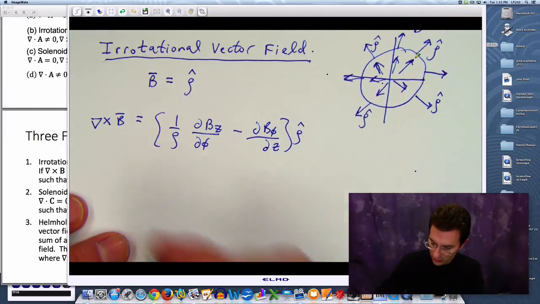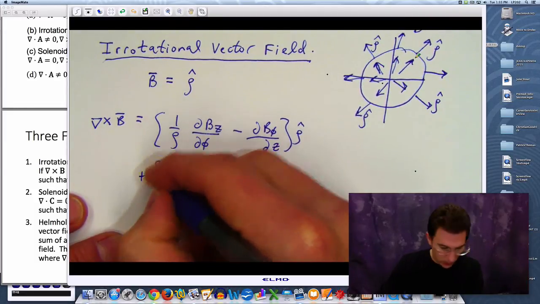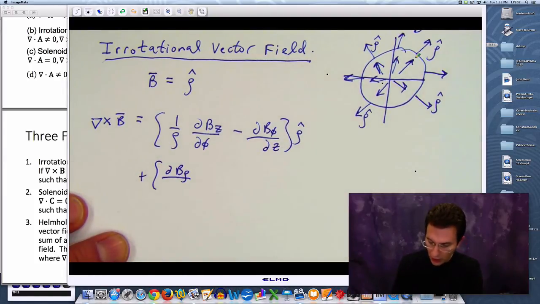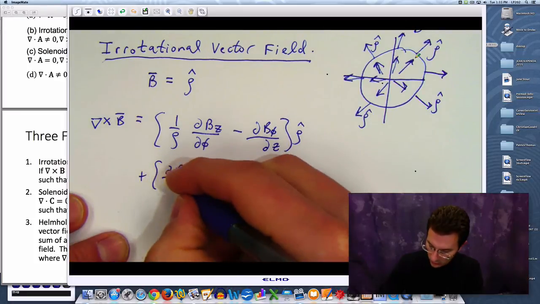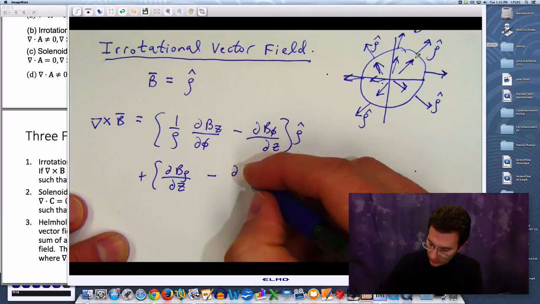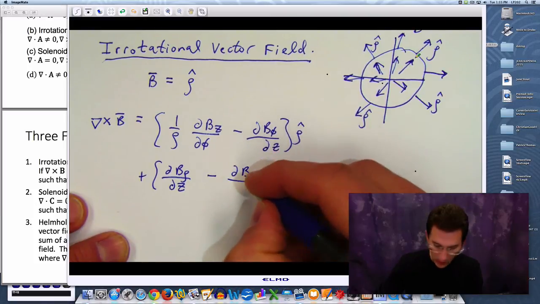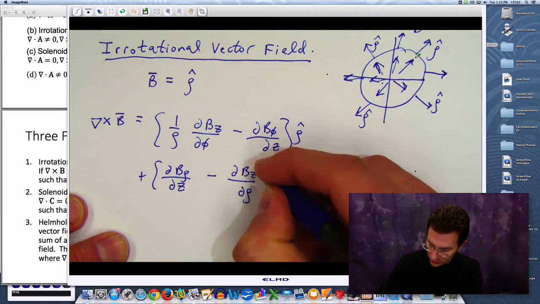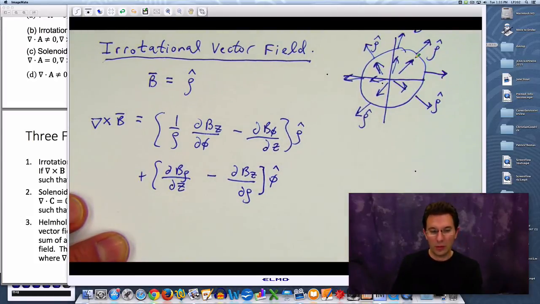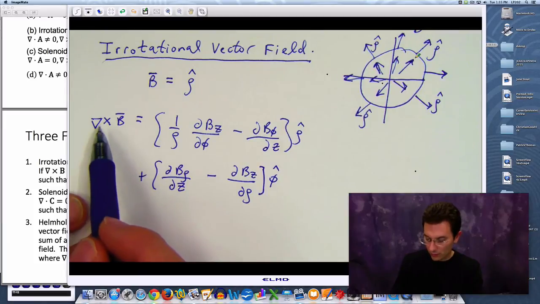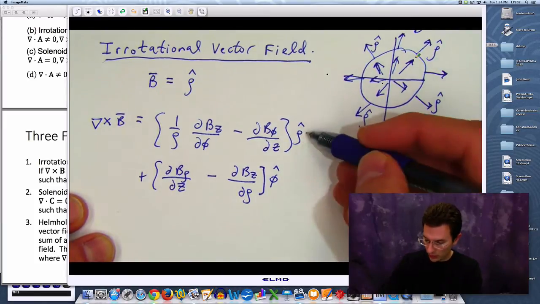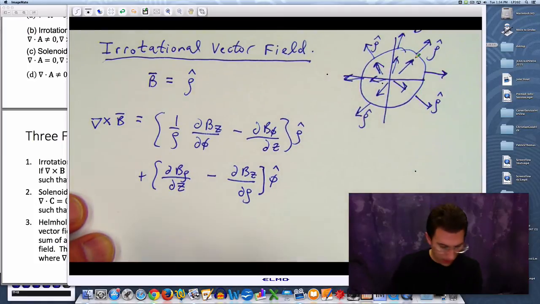Plus the partial of the rho component of B with respect to z minus partial of the z component of B with respect to rho in the phi hat direction. Remember, the result of the curl operator acting on a vector is going to be a vector. So that's where these little vectors are popping up here.